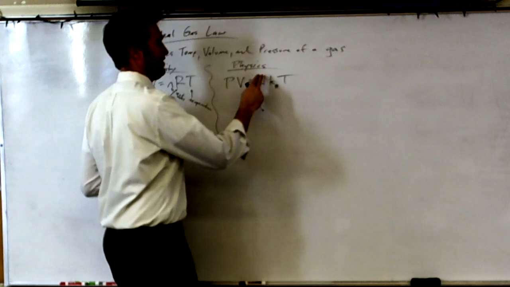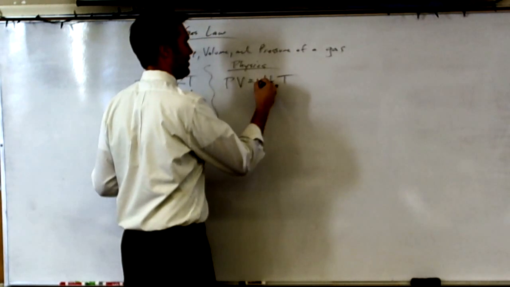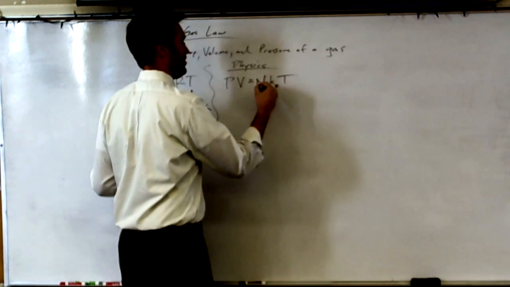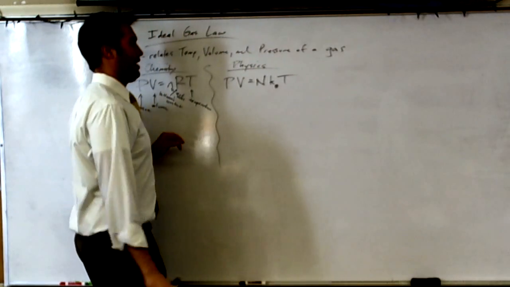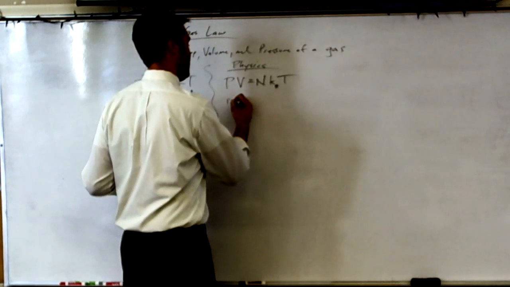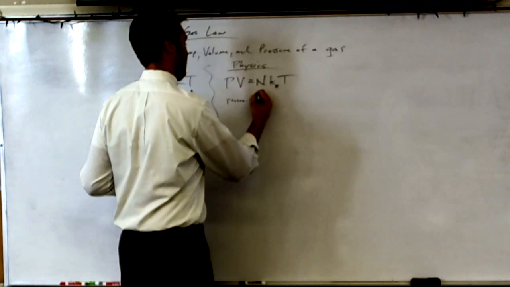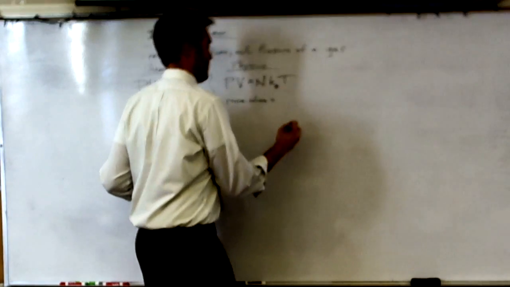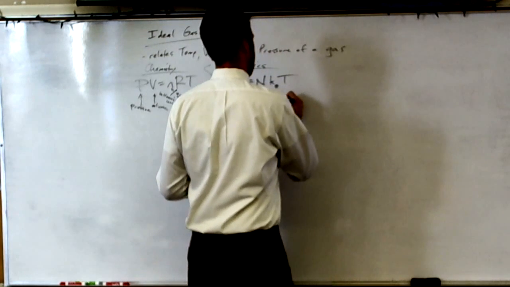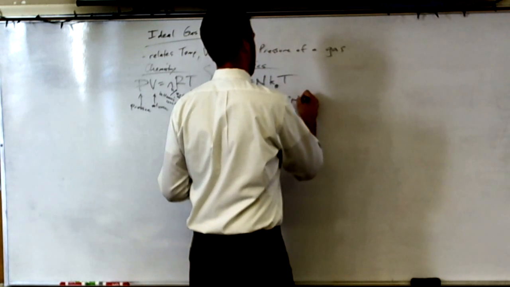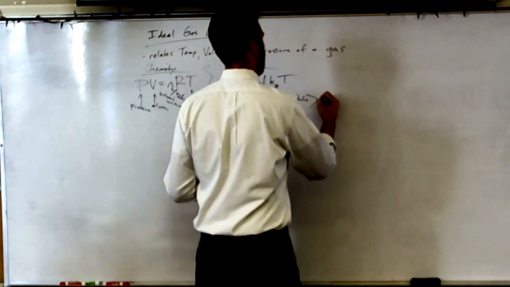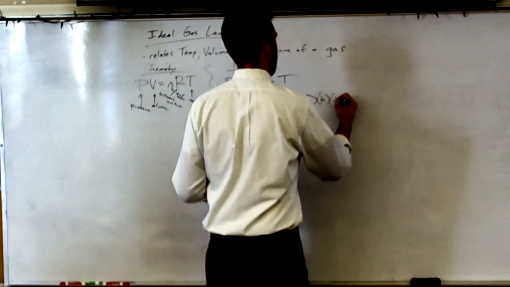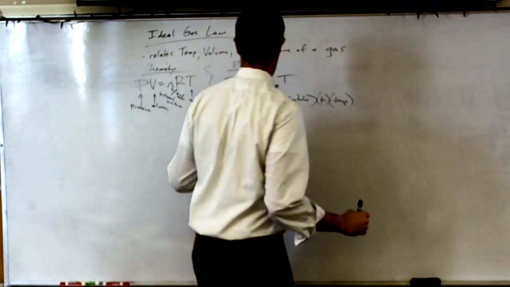It's big. So pressure times volume, we're using SI units, equals number of particles times constant times temperature.